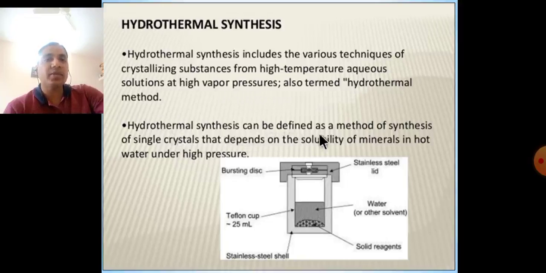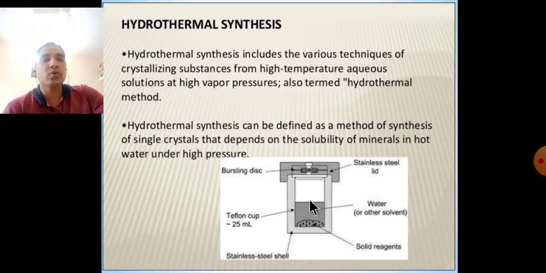Hydrothermal synthesis can be defined as a method of synthesis of single crystals that depends on the solubility of minerals in hot water under high pressure. This is the diagram of the hydrothermal technique. The inner wall is Teflon, and this is the stainless steel cover, the stainless steel lid, and the water with the solid reagent, a 25 ml Teflon cup, with the stainless steel cell covered.